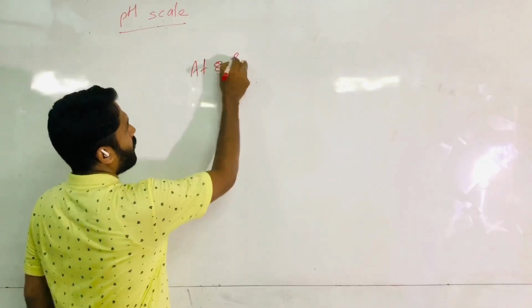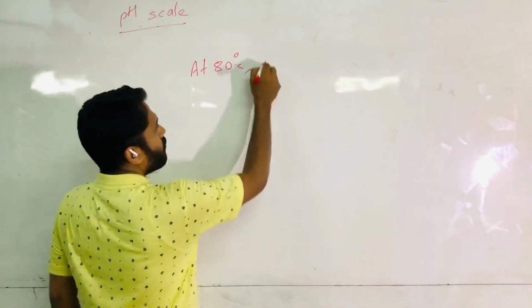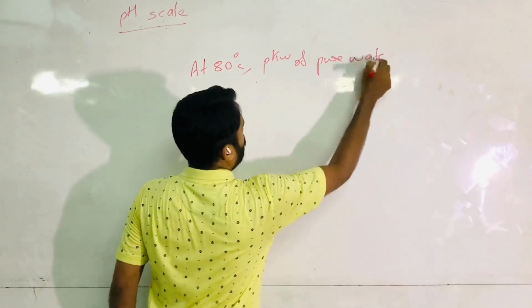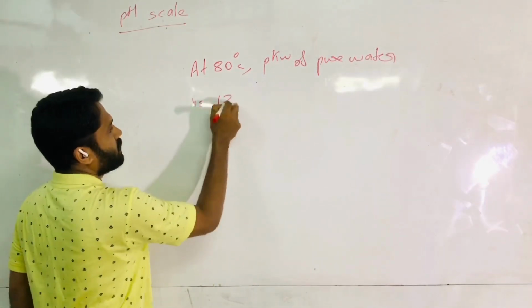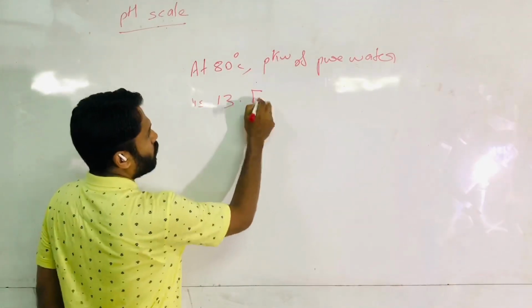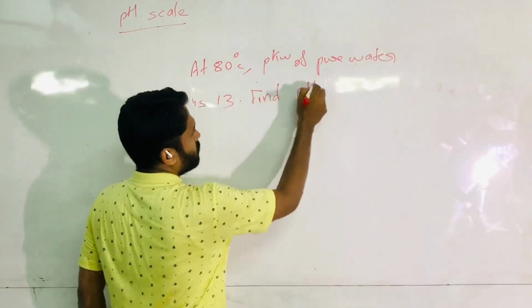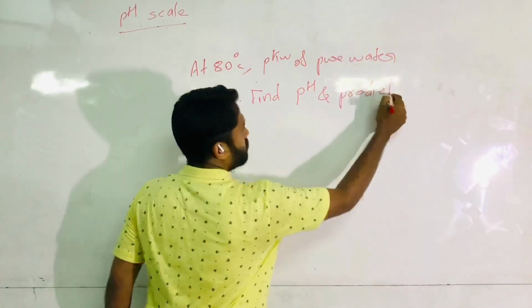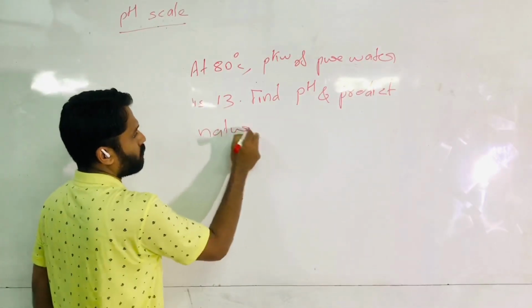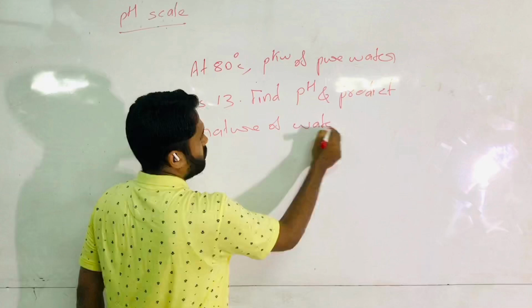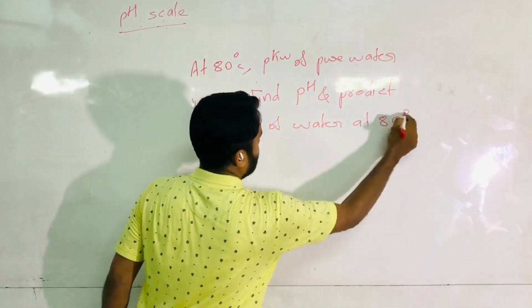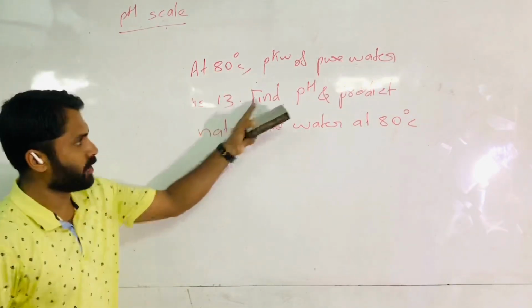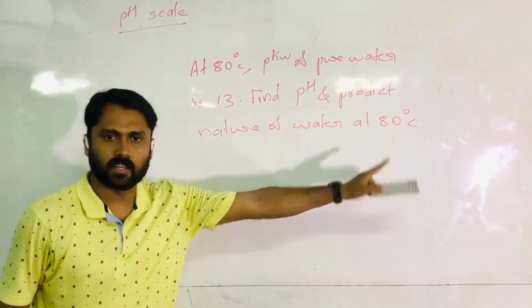At 80 degrees Celsius, pKw of pure water is 13. Find the pH and predict the nature of water at 80 degrees Celsius.